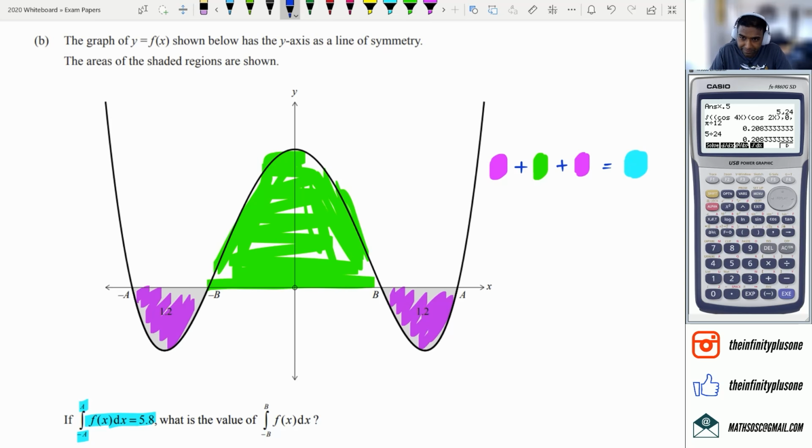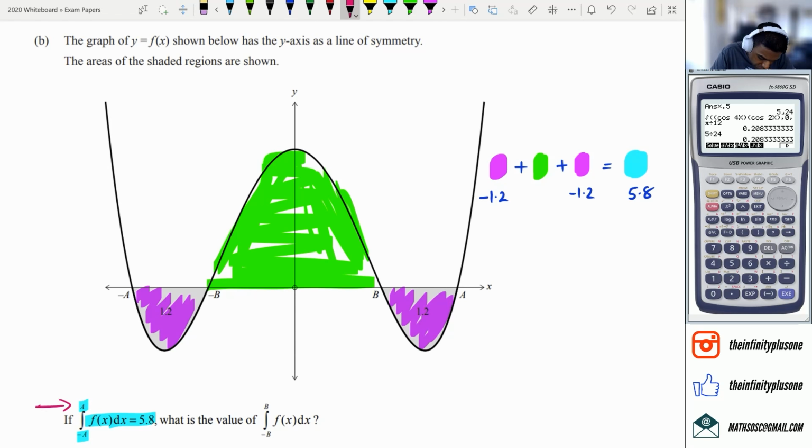Here's the kicker, and I do mean this as a kicker. So this 5.8, that's sweet as. Yeah, we can put that down here. The green area is what we're trying to figure out. The kicker is that the purple area is actually below the x-axis. And because it's below the x-axis, it's going to be negative 1.2 and negative 1.2. This goes back to the idea right here.